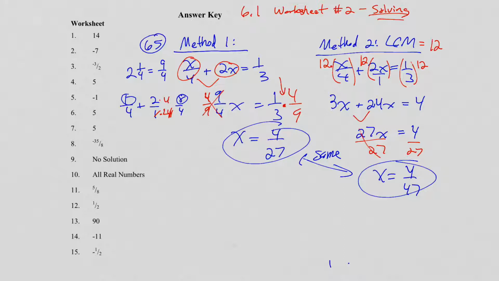So I will be putting this on your video check, and you can do either method, doesn't really matter. But I will say, please write down the question and answer for number 65 in the method of your preference. So you don't have to copy both of these down for the answer, you just have to do one of them.